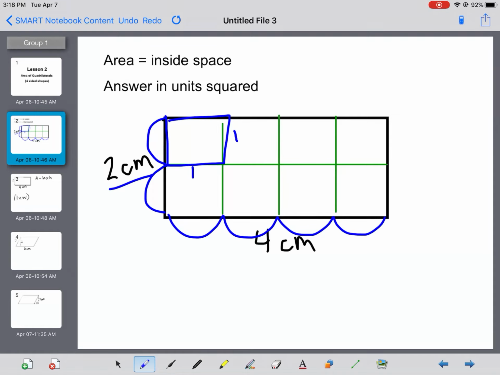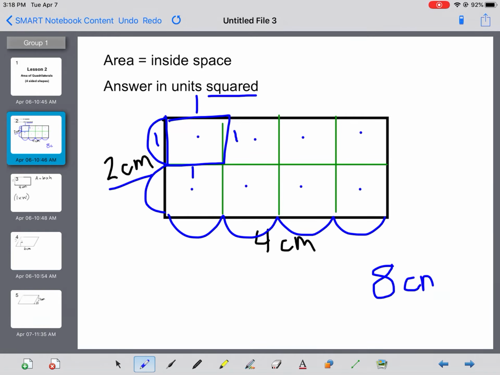So we have here little boxes that are 1 centimeter by 1 centimeter. So they have measurements of 1 centimeter for each side of the box or the square. And I want to use the word square because it's going to become important when you're thinking about how to answer these questions. So we have all sorts of little boxes, 1 centimeter measurement on each side. And we have 1, 2, 3, 4, 5, 6, 7, 8 of them.